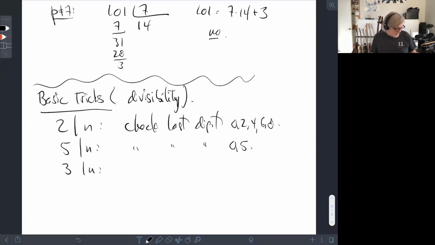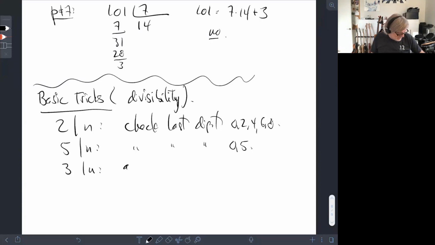Ignorance is bliss. 3 divides n. Some of you know this trick for sure. You look at the digits and add them up and you get a smaller number than what you had. And so you repeat, you repeat, you repeat. And eventually you're going to get a number which is either 0, 1, or 2. That's it, I mean, mod 3.